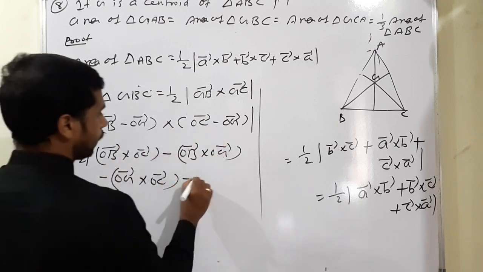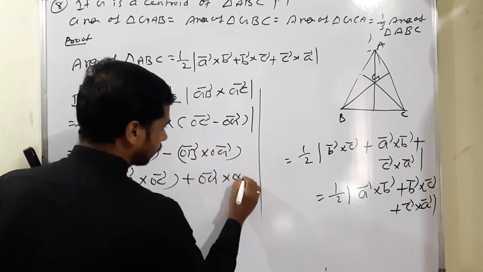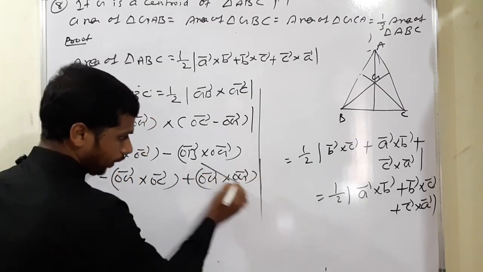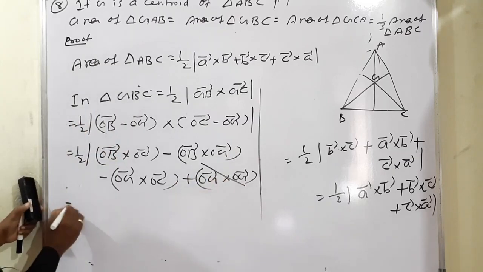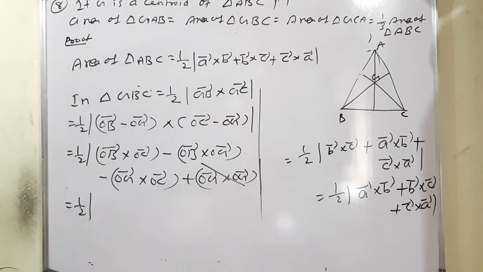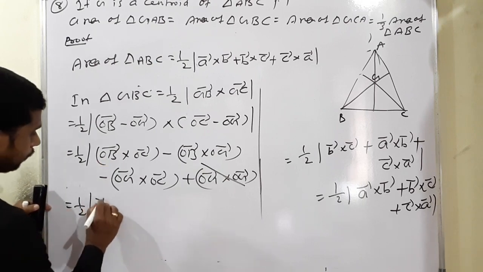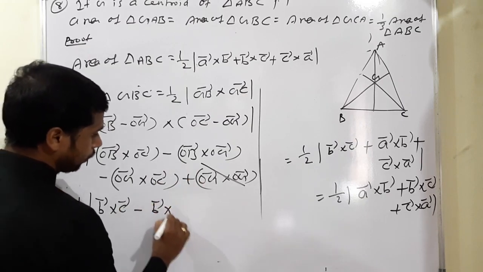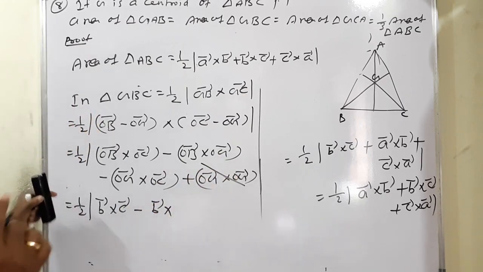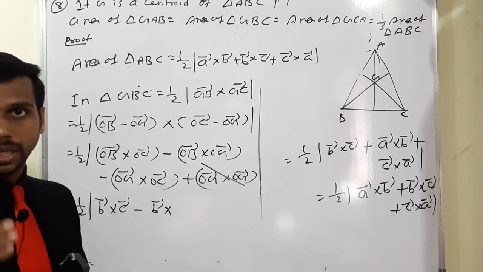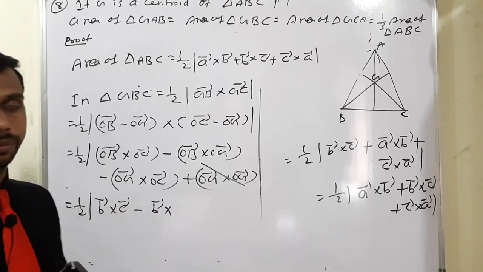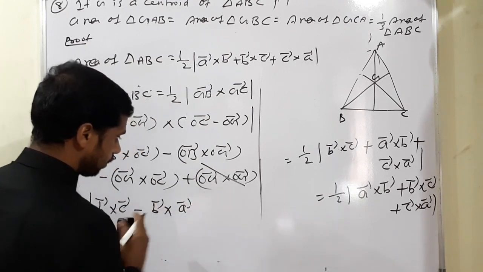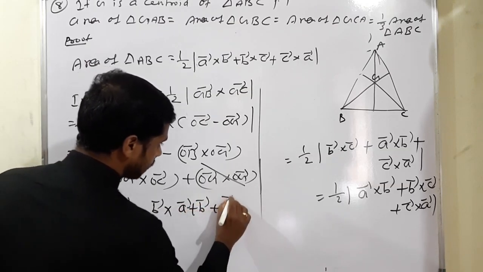Last condition: minus into minus plus OG vector cross OG vector. Already I told you, whenever you take the cross product of like vectors we can cancel it. Then 1 by 2 modulus of B vector cross C vector minus B vector into OG. Already we know G is the centroid, so OG vector is equal to A vector plus B vector plus C vector divided by 3.